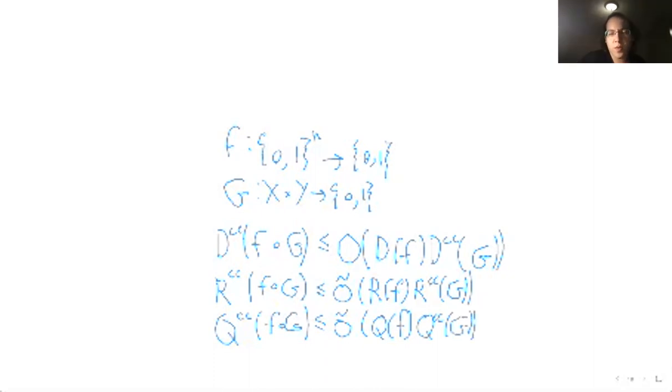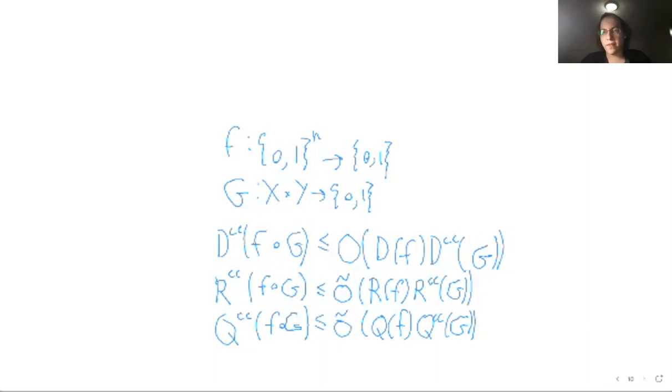Great. The reason these theorems hold is basically that if Alice and Bob want to compute f composed with G, they can start with a protocol for f, either a randomized, deterministic, or quantum protocol, whichever model they're in.